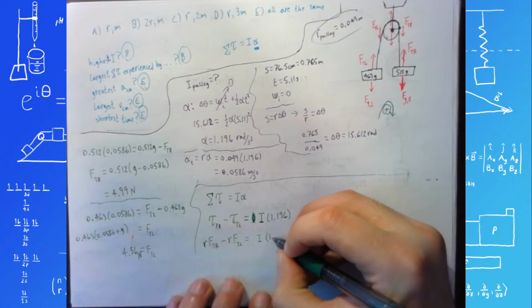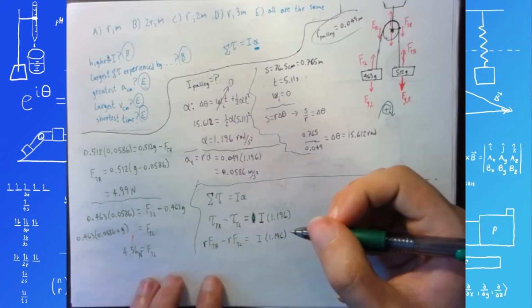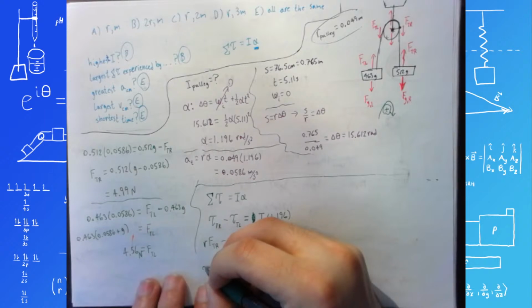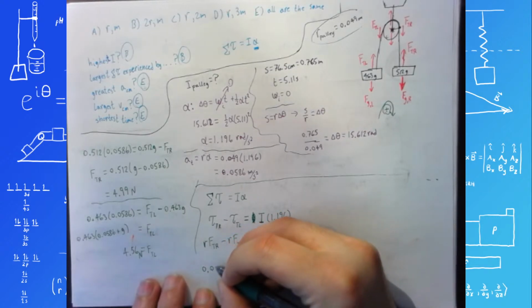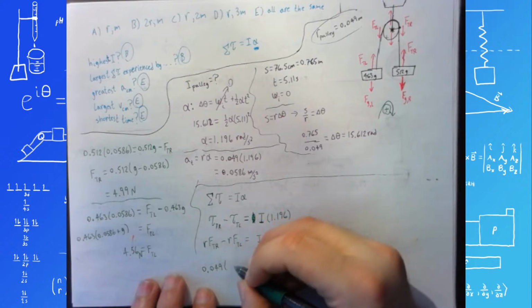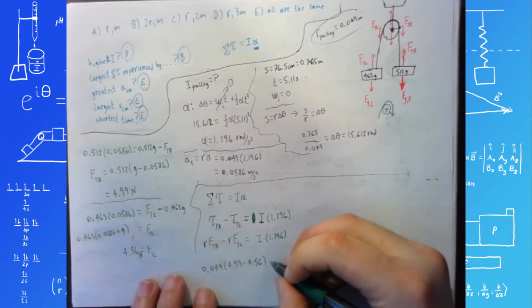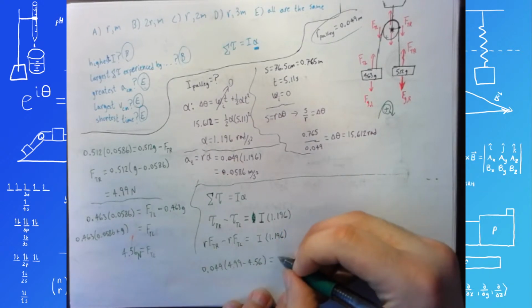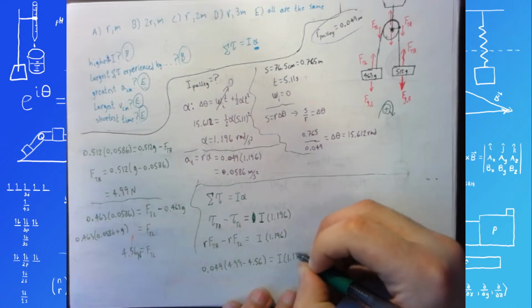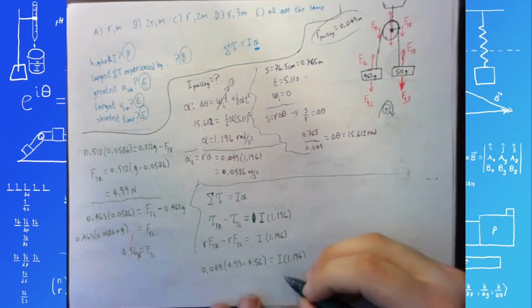Anyway, 1.196 again. I can factor out the R here and just do 0.049 times force of tension right minus tension left, so 4.99 minus 4.56. Okay, and now the rest is just calculator work.